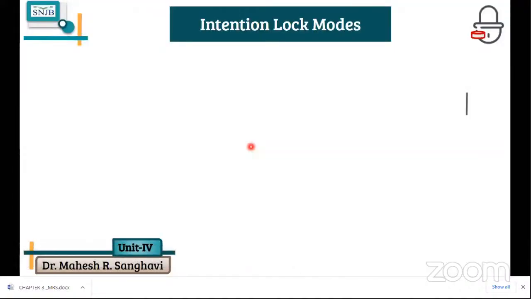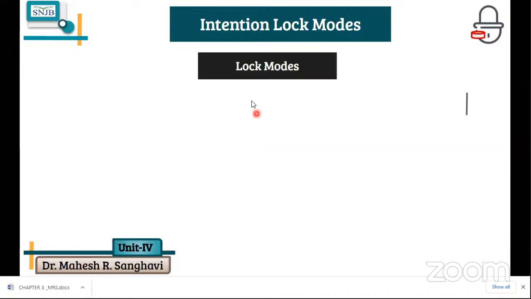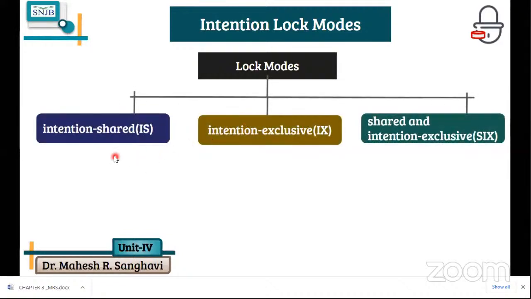Now, the next point that we have to discuss today is intention lock mode. Intention lock modes are certain lock modes that we need to focus on.